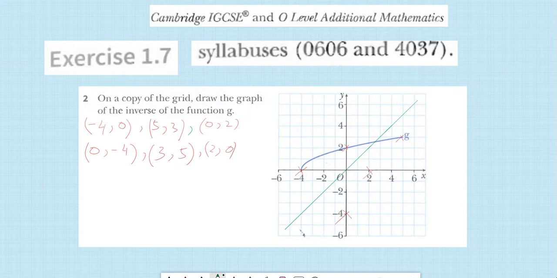Okay. So the third point is 3 comma 5. This is the third point. I am using red pen.